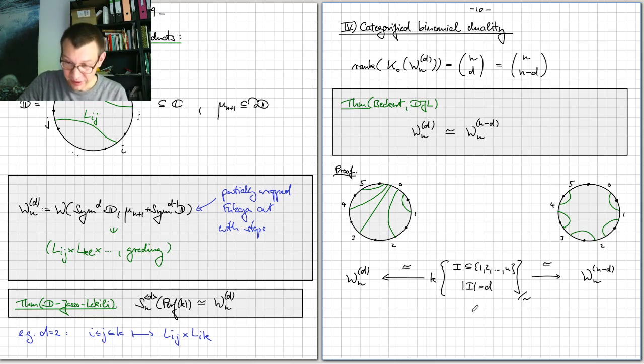And how does it go? Well, I take one such set, and now I have to map it to a Lagrangian in Sym d. So how does it look? That's going to have to be a product of d Lagrangians. And so the product I'm choosing is exactly what we call the standard generators, L_0^i.